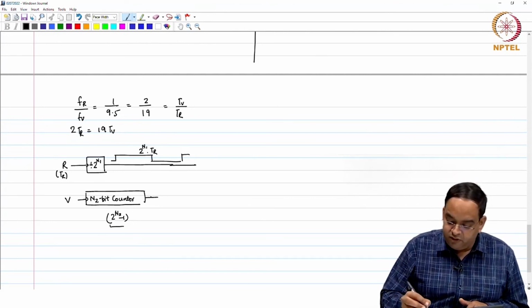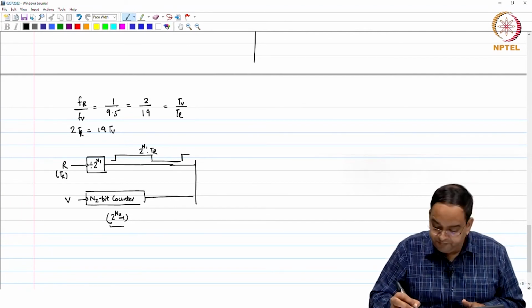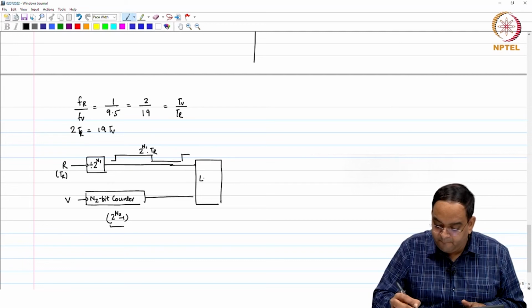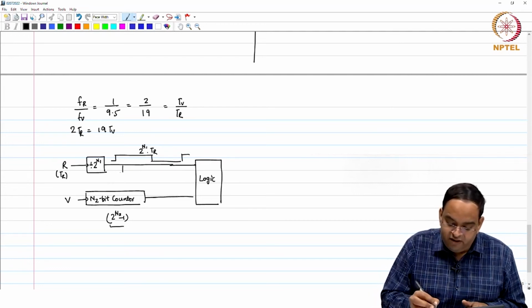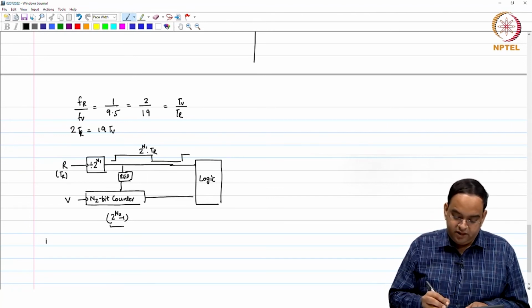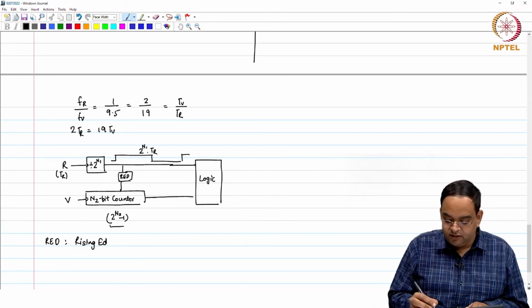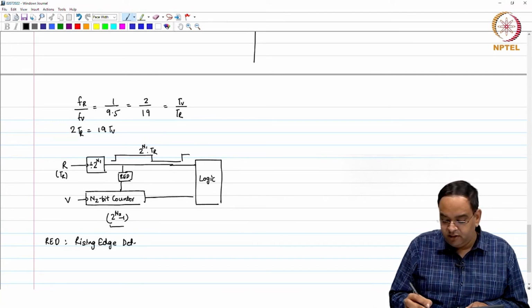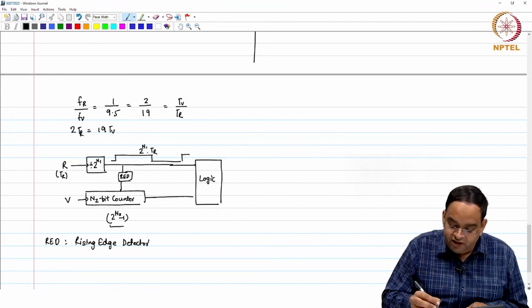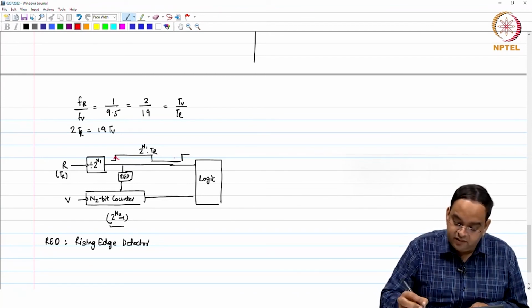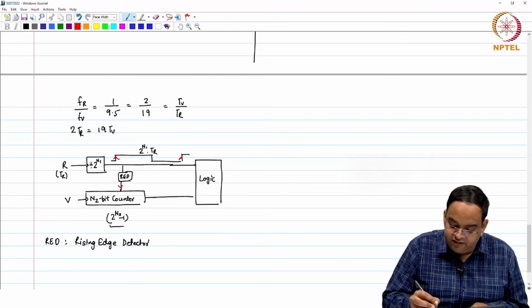Now, we feed these two signals to a logic. Here we have one circuit called RED, which is a rising edge detector. Whenever you get a rising edge, you generate a pulse.